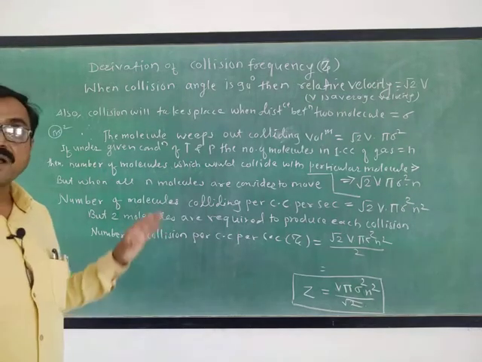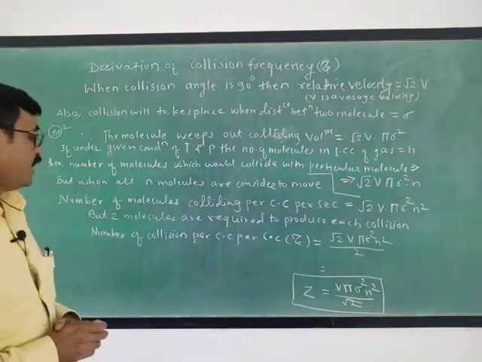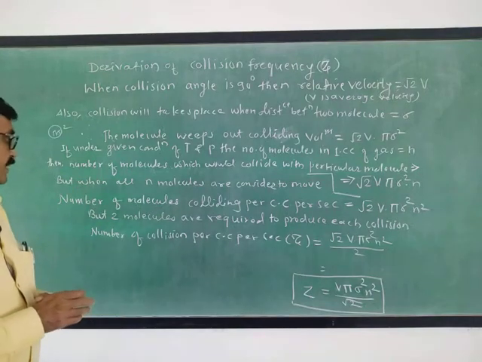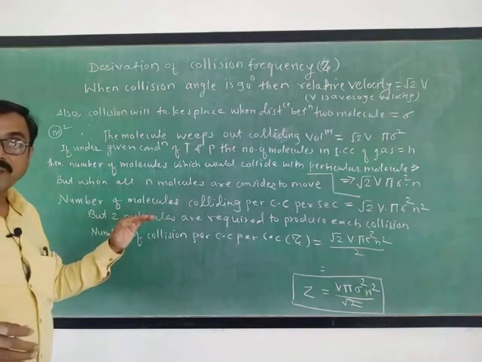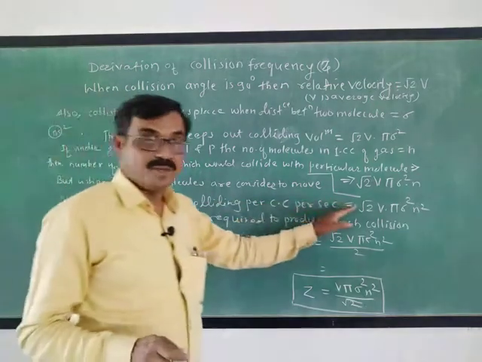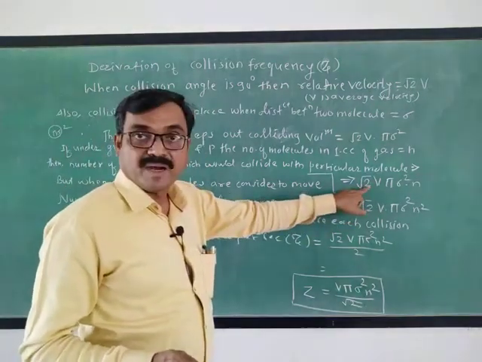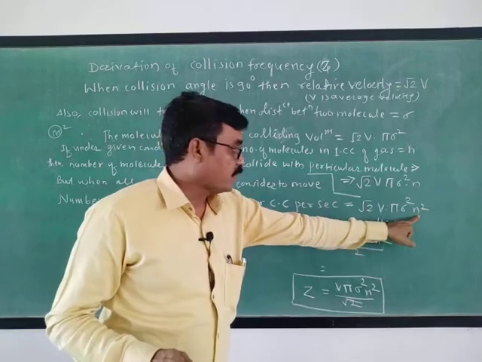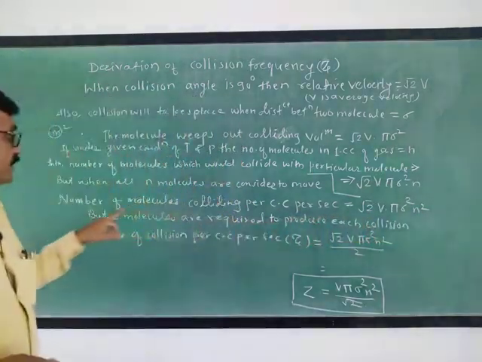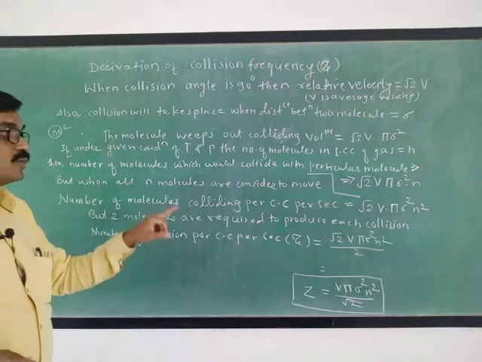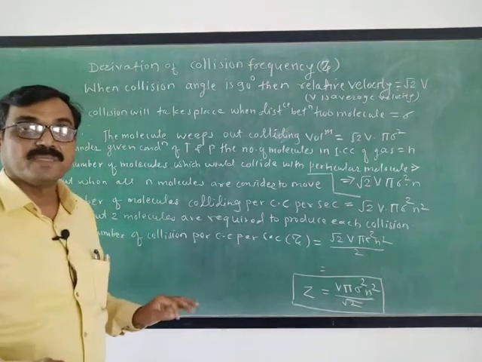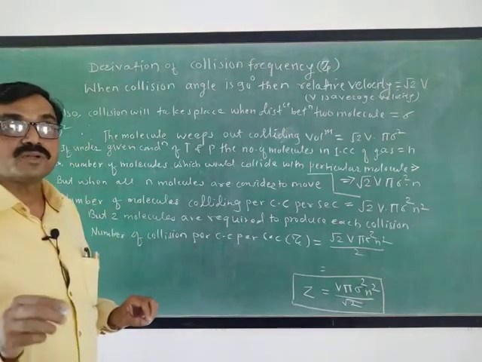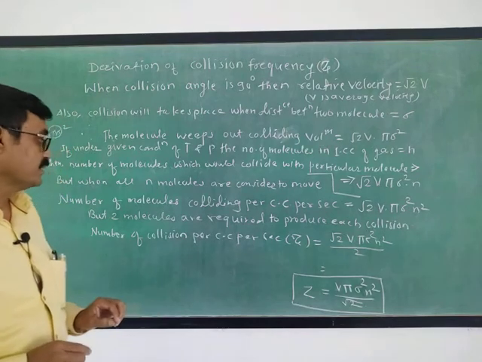Now if all n molecules are in motion, then the number of molecules colliding per cc per second will be this term multiplied by n, that is n². This is the number of molecules colliding per cc per second if n is the total number of molecules considered.